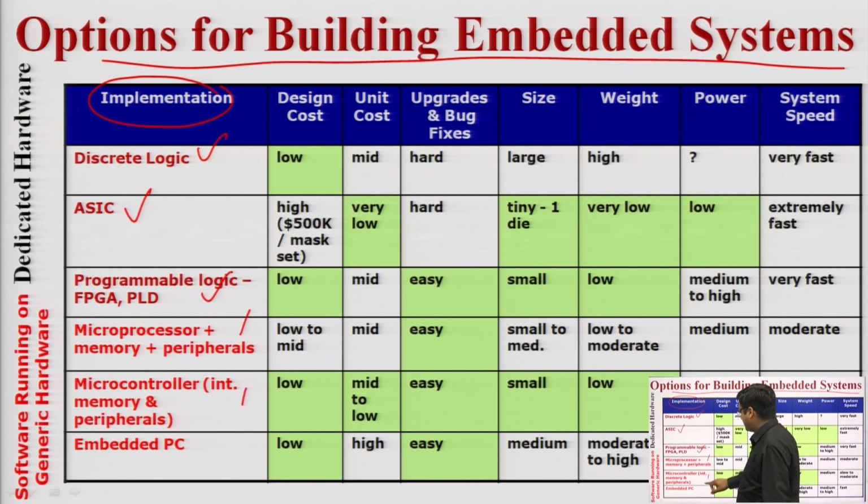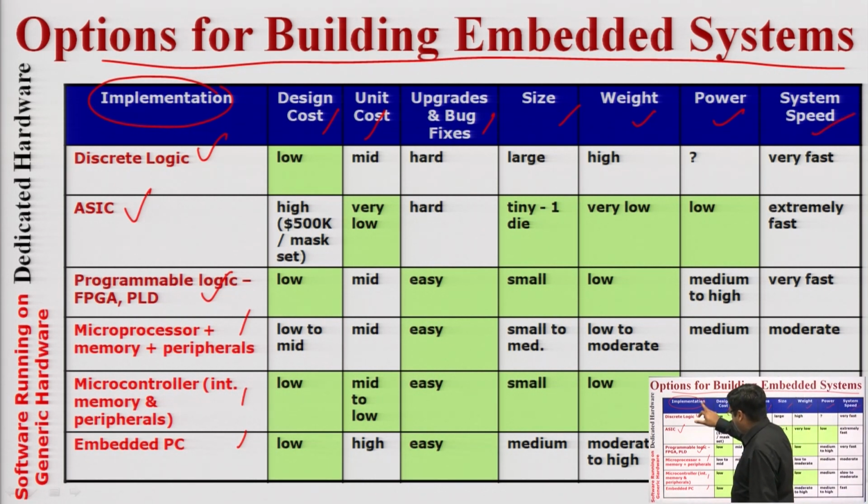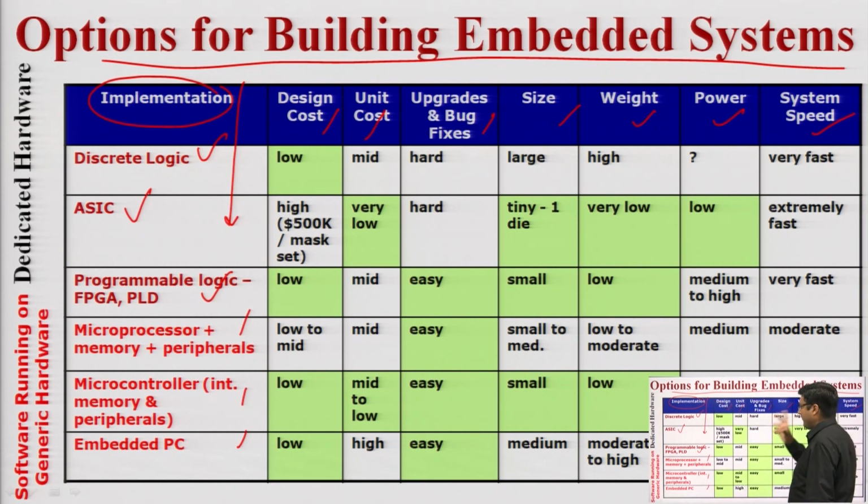These are the options available to design any system, and we are comparing them on different parameters in terms of cost, unit cost, upgrade, size, weight, power, and system speed.